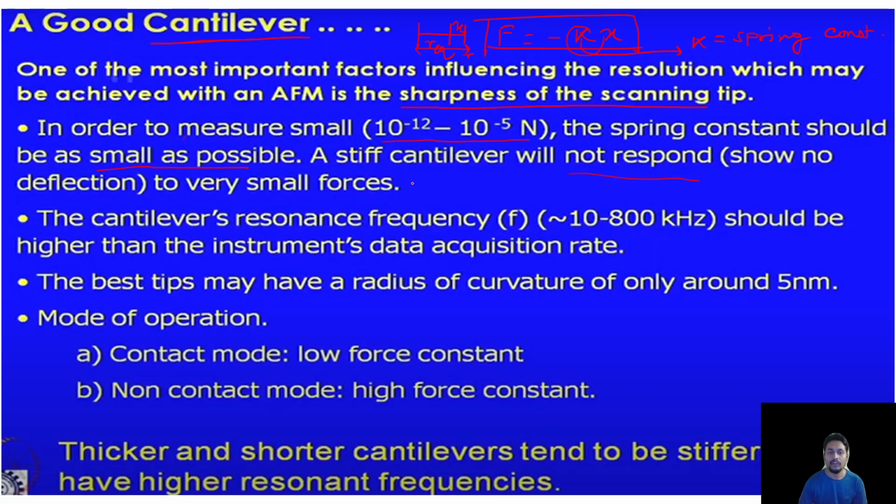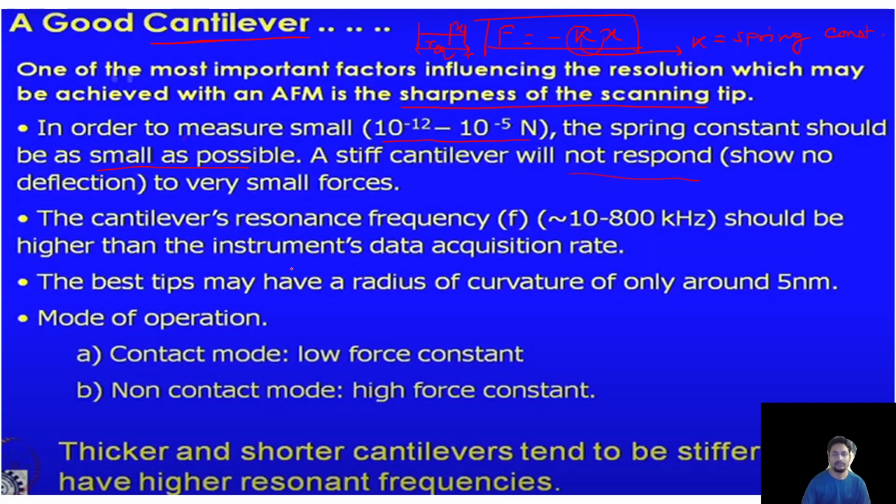That is not going to fulfill my purpose. So obviously the cantilever should have a small spring constant, right? The cantilever resonance frequency should be higher than the instrument's data acquisition rate.